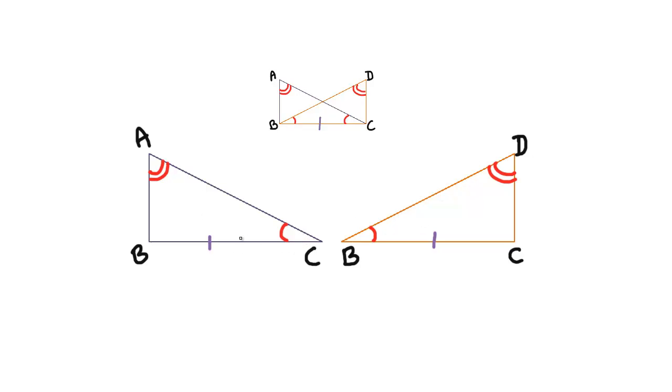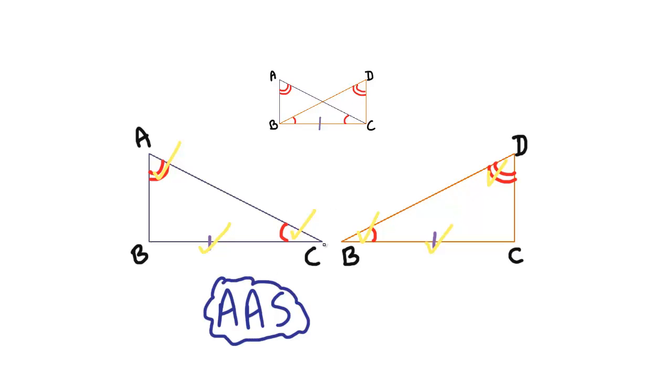Now we have these two triangles and we have this angle is congruent to this angle, and this angle is congruent to this angle, and we have the non-included side, which is this side here, that is congruent to this side. So we can use the angle side theorem to prove that these two triangles are congruent.